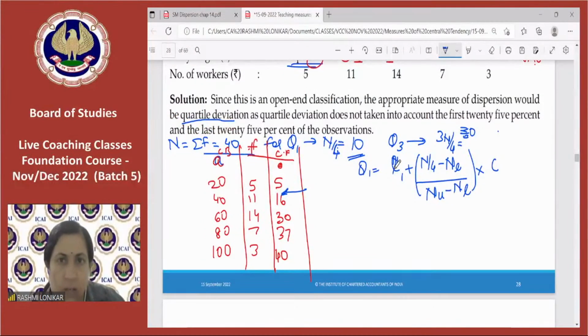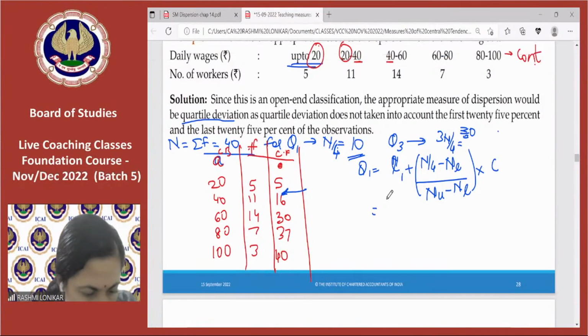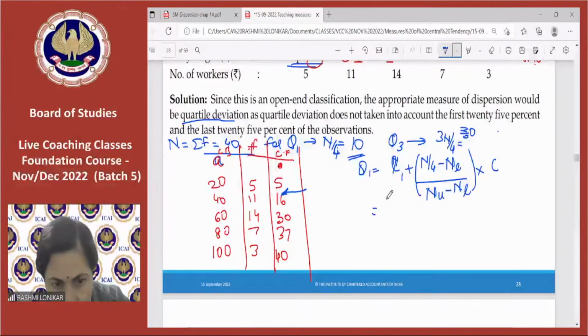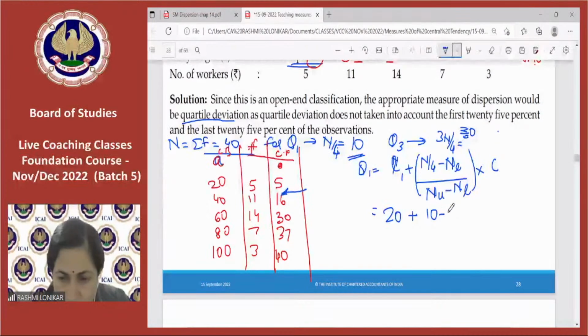Q1 uses the lower class boundary of the quartile class. So what is the lower class boundary here? 20. So this is 20 plus N by 4, which is 10, minus NL, that is 5.